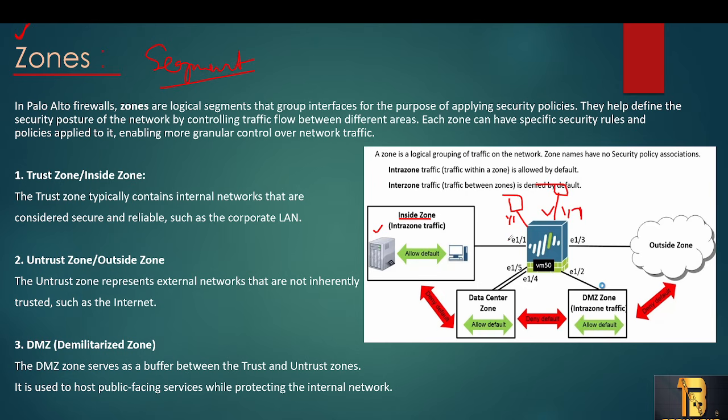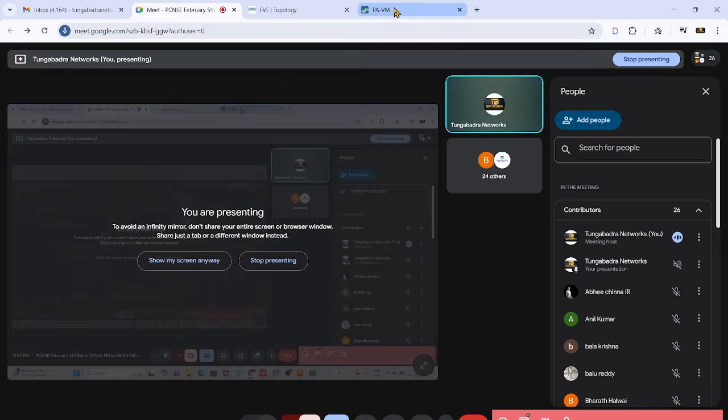For ethernet 1/1 we have a server connected, and I want the user connected to ethernet 1/6 to access this server. For ethernet 1/6 we are going to assign the inside zone, like how we are checking here.